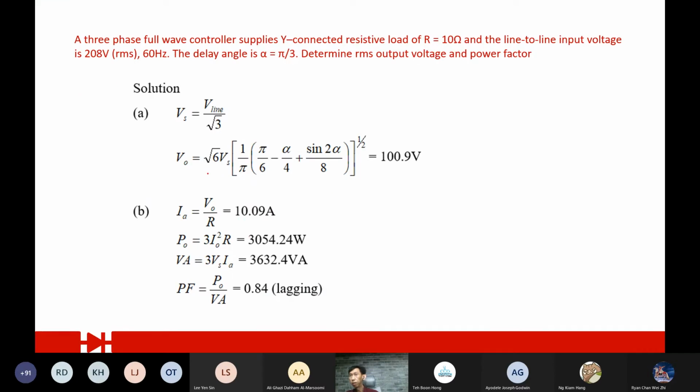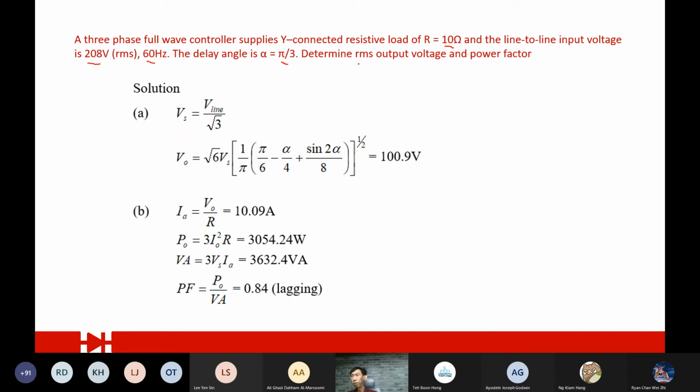Now, all right. These are some examples of the 3-phase AC controller. We have a 10 ohm load, with line-to-line input voltage, again from the American textbook, of 208 V RMS at 60 hertz, and the delay firing angle is 1/3.